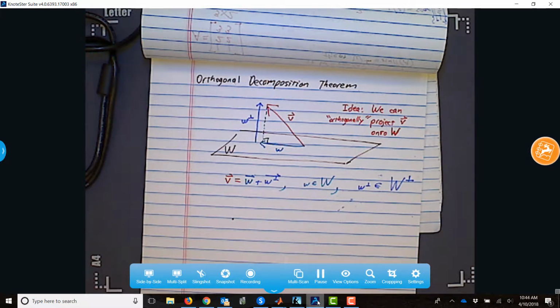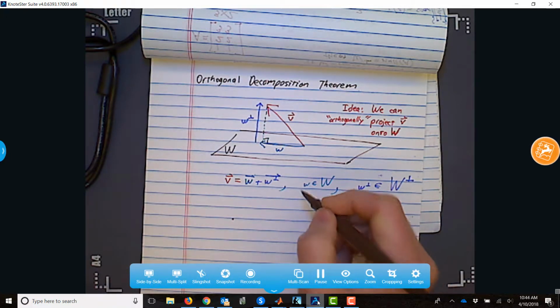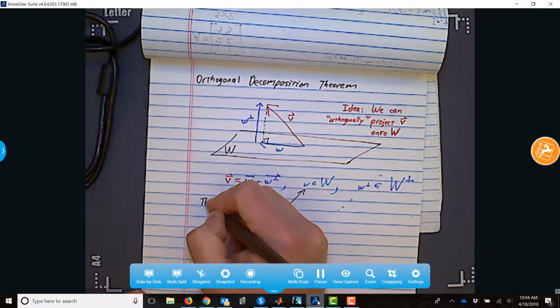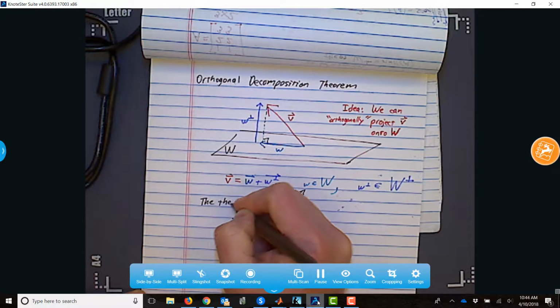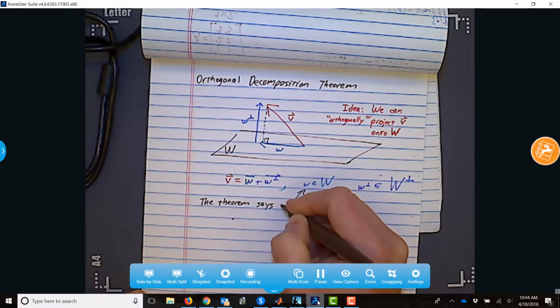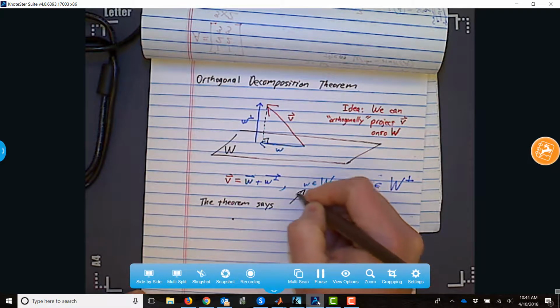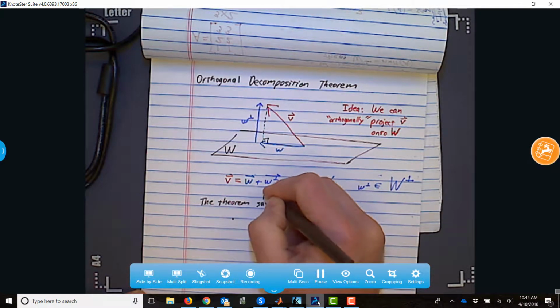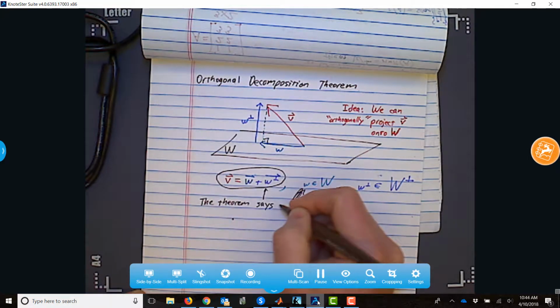So that's the other key factor, is that the theorem says two things.